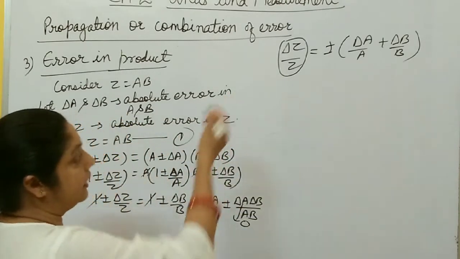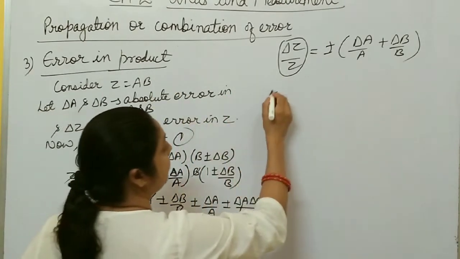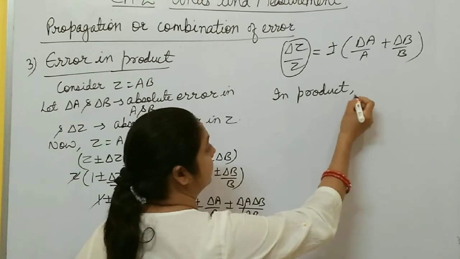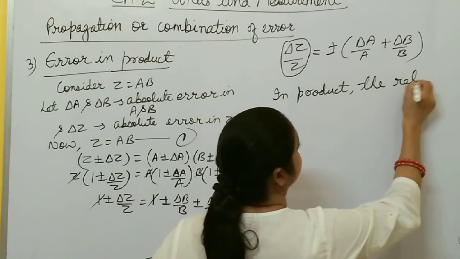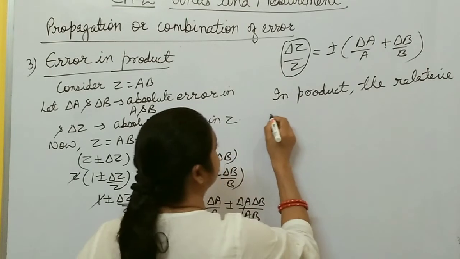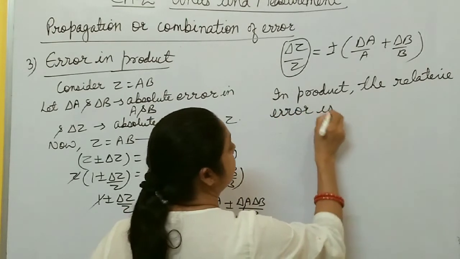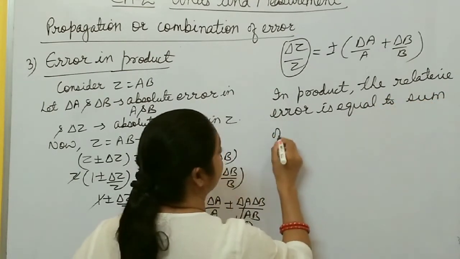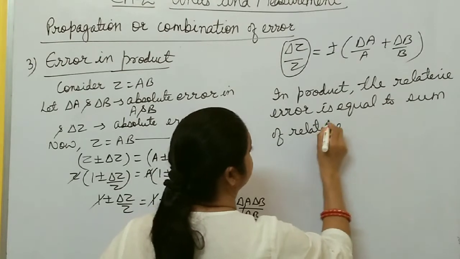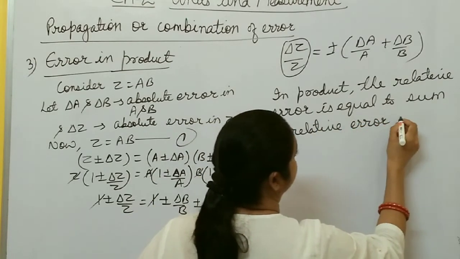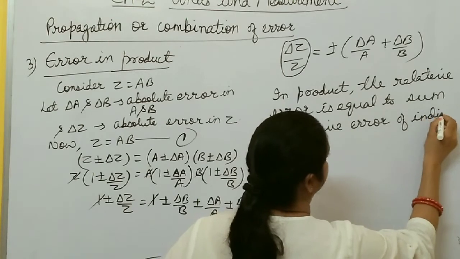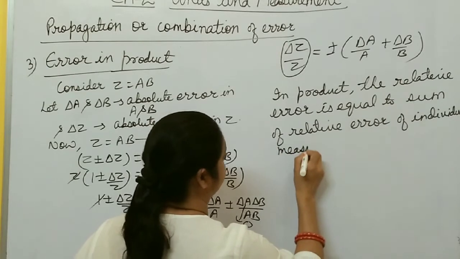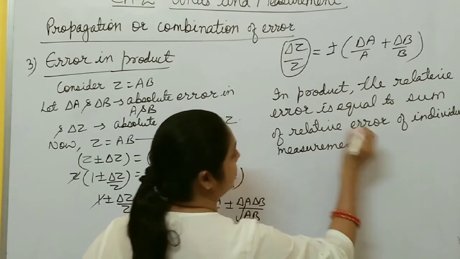So you can write, in case of product, the relative error is equal to the sum of relative errors of individual measurements, right? And the same result is for division also.